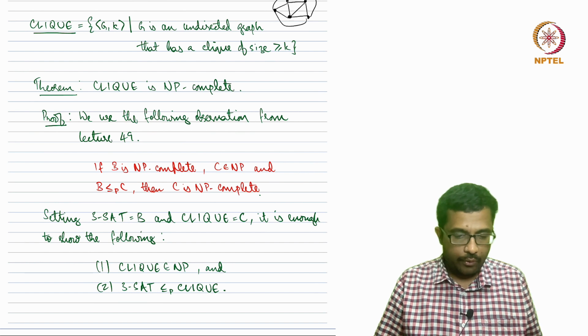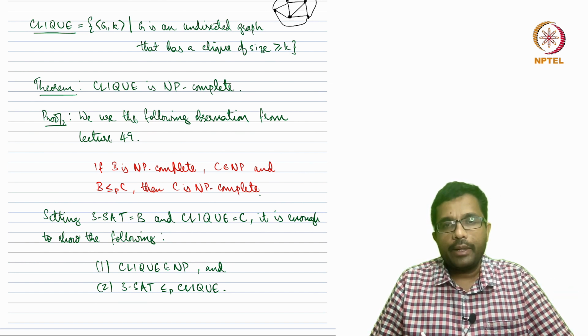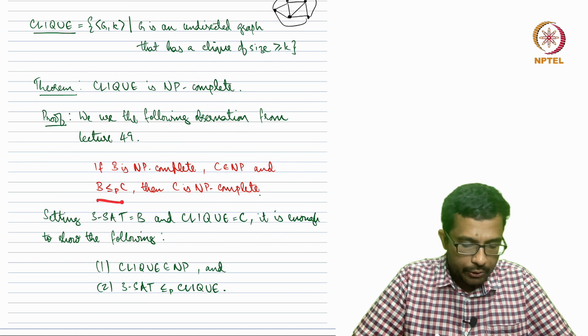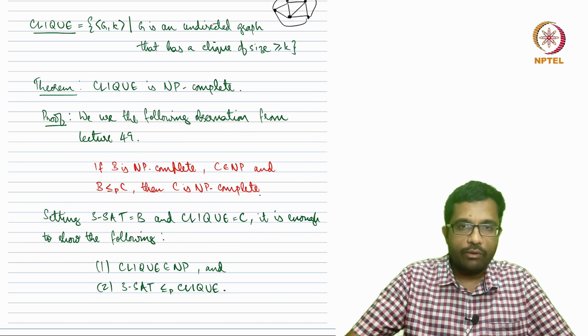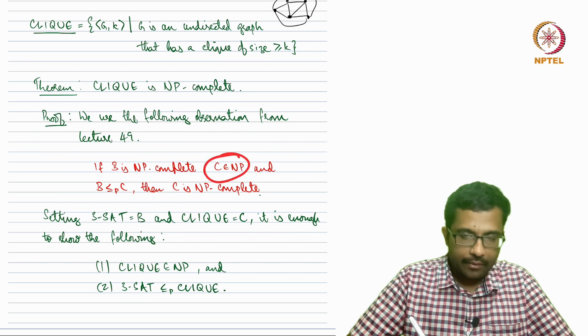Then all that we have to do is choose a known NP complete language B, show that B reduces to C, where C is the language that we want to show as NP complete, and then show that C is in NP.